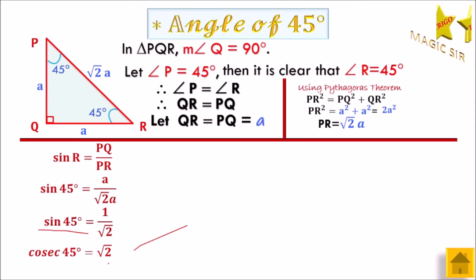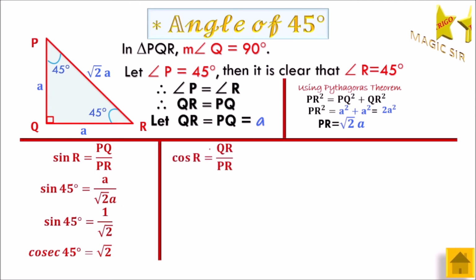So the reciprocal of 1 upon root 2 is root 2 upon 1, that is root 2. Hence cosec 45 degree is equal to root 2. Hence we have found two values, sin 45 degree and cosec 45 degree.